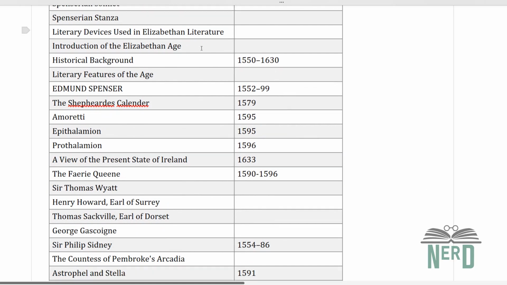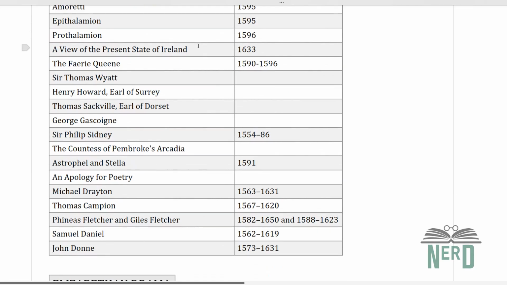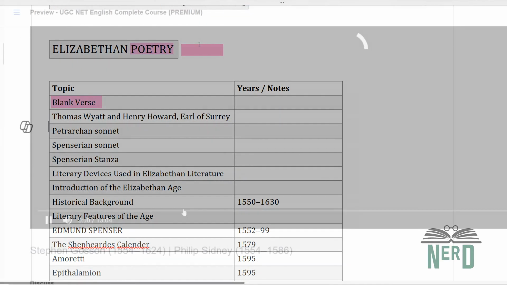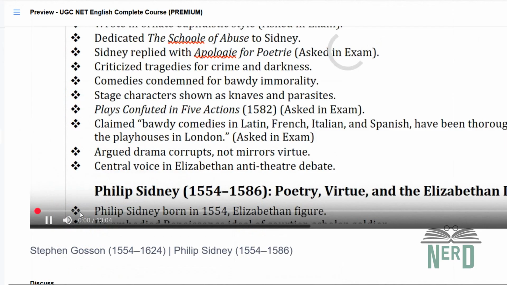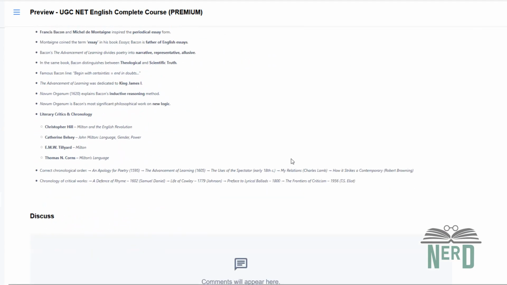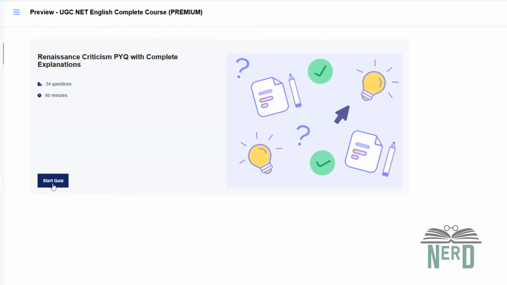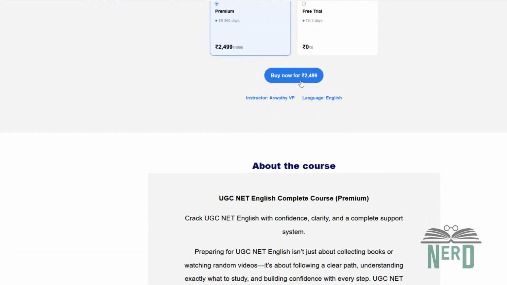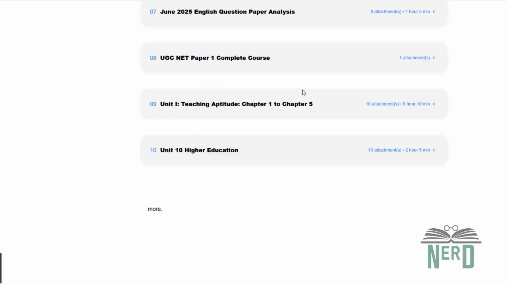Before we dive in, here's a small reminder. We've already shared with you the last-minute revision notes on both Elizabethan poetry and drama, and yes, over 100 previous year questions are waiting there for you. So, whenever you want to cross-check or revise quickly, you know exactly where to look. And one more important note for clarity: when we reach Philip Sidney, we'll be covering all his works except An Apology for Poetry.